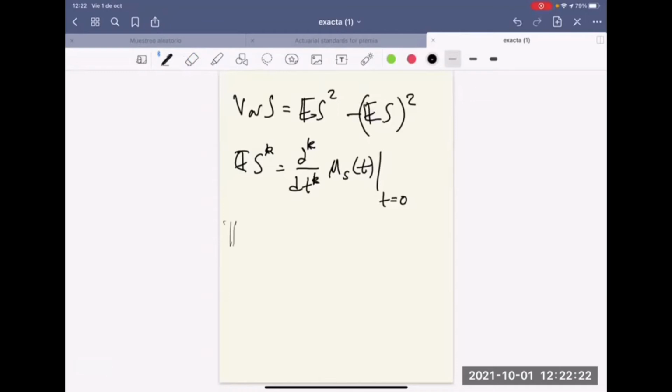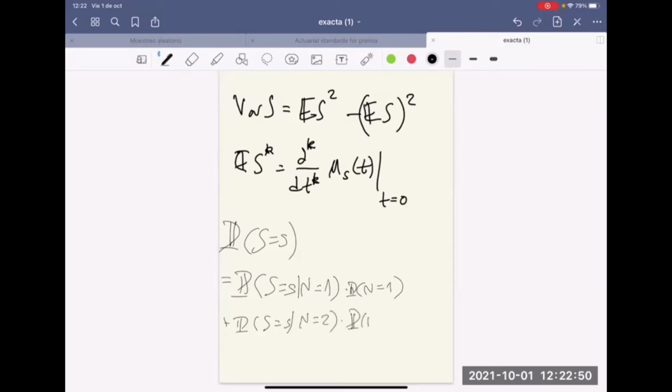And right, okay, what is the probability that S equals s? This is the probability that S equals s given that n equals 1 times the probability that n equals 1, plus the probability that S equals s given that n equals 2 times the probability that n equals 2, plus the probability that S equals s given that n equals 0 times the probability that n equals 0.